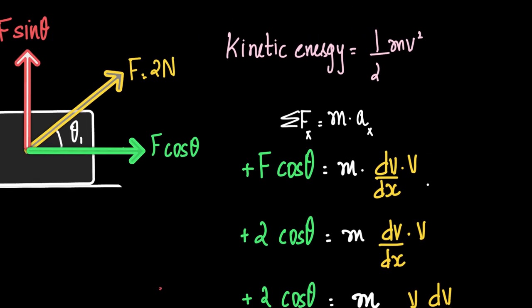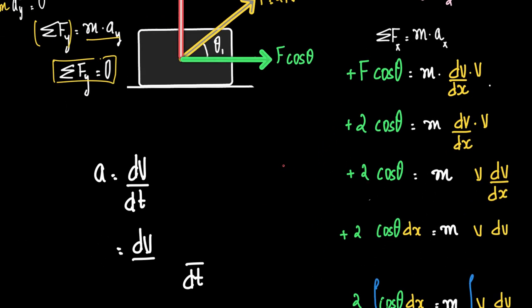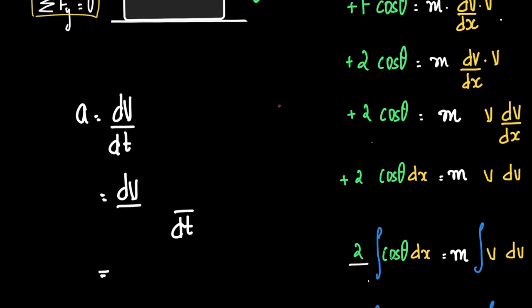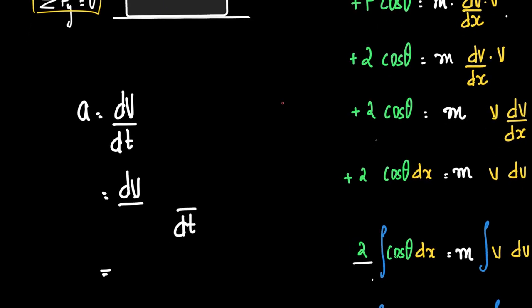Now if we apply sigma fx, since there is a definite motion along the x direction, sigma fx is equal to m into ax. I have made a small algebraic manipulation with respect to ax. I can write a is equal to dv by dt, and dv by dt can further be written as dv by dx into dx by dt.